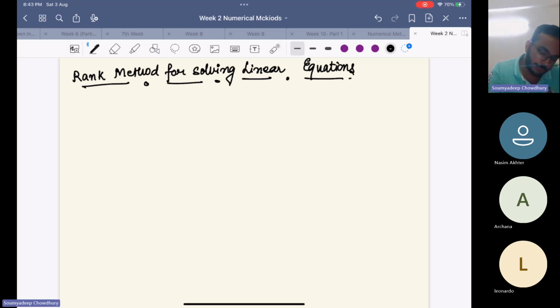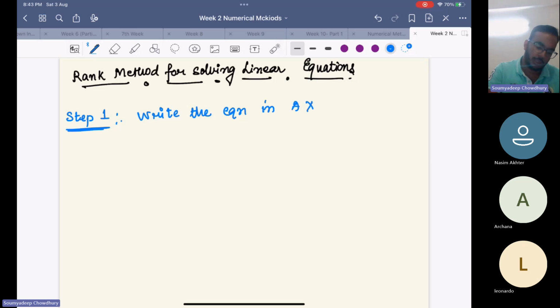I'll first jot down the steps involved, then I will do a problem. Step 1 is you write the equation in AX equal to B form.